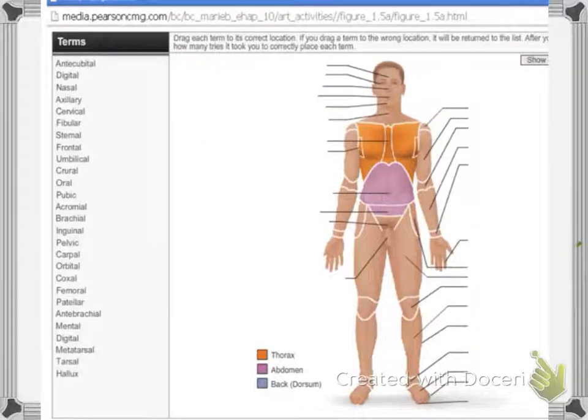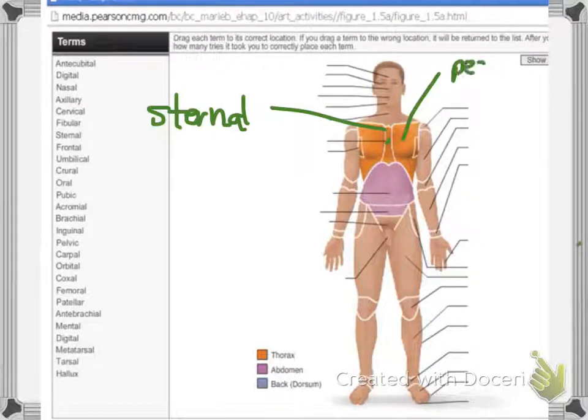Next we're going to move on to the chest and arm region, okay? So right here along the center, that is the sternal region. And in some cases this is called the pectoral region.